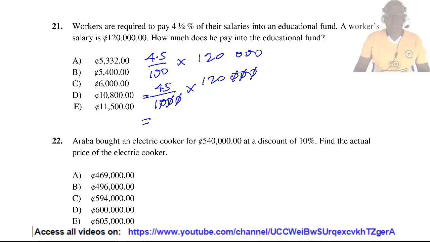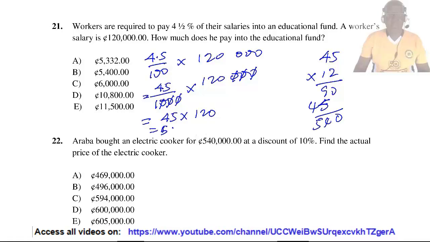So we shall get 45 times 120. 45 times 12. We shall get 90 and 45. 0, 4, 5. So 5, 4, 0, 0. So the answer is B.